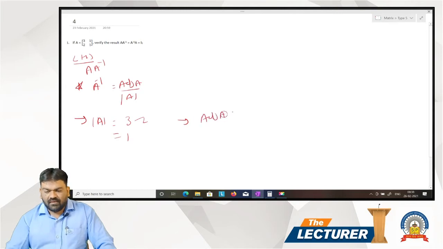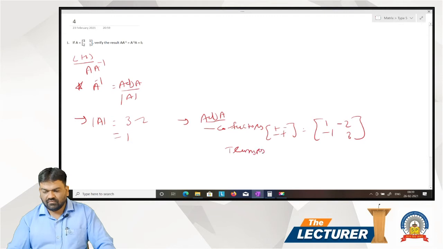Adjoint of A, first cofactor, plus minus plus minus signs, giving 1, minus 1, minus 2, 3 in cofactor form. Transpose it.